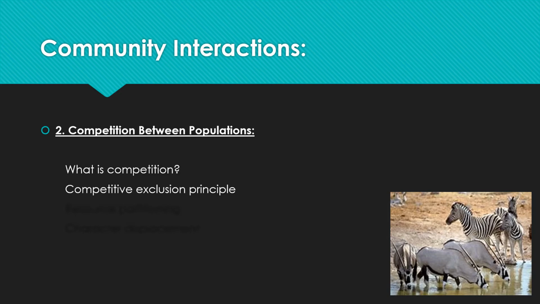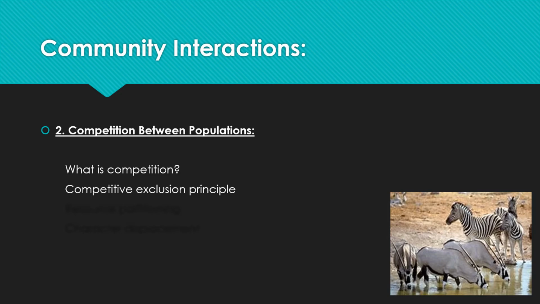Basically what it states is that no two species can occupy the same niche at the same time indefinitely. What that means is two species fighting for the same water source, which both require to survive, are not going to be able to exist in that same area at the same period of time, because they're going to be fighting for that space.